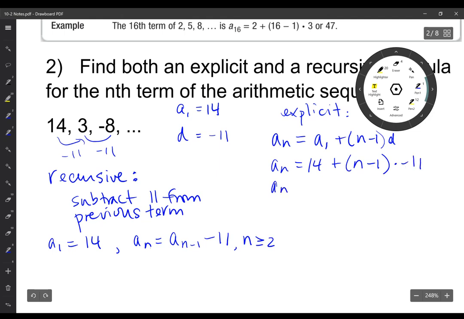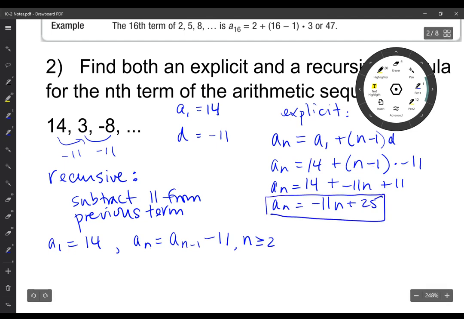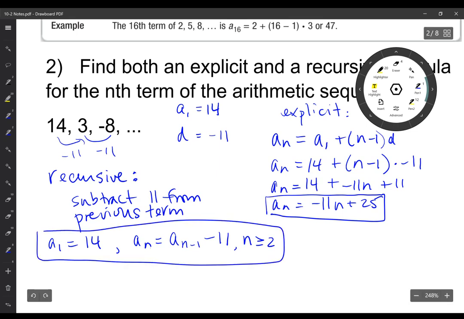And then I do want to go through and simplify this. So 14 plus, let's distribute negative 11 and plus 11. And then I'm going to rewrite it with the n part first, negative 11n plus 25. I wouldn't have to write n first, but it makes it look more like that y equals mx plus b form, which is kind of nice. So we have recursive, we have explicit.